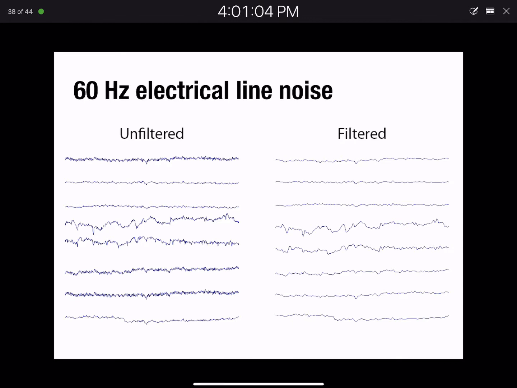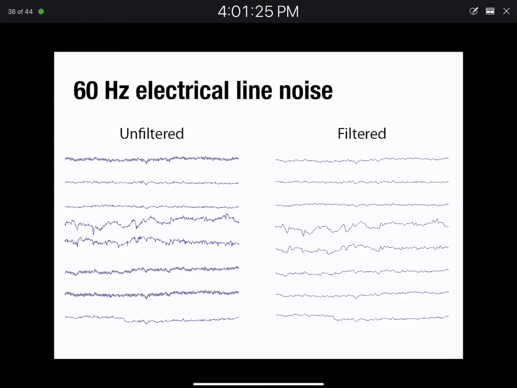It's pretty distinctive because our power is alternating current at 60 hertz, which means that what's flowing through any power cord is oscillating between positive and negative 60 times a second. This is pretty high frequency compared to most human EEG, which is generally 30 hertz and below.